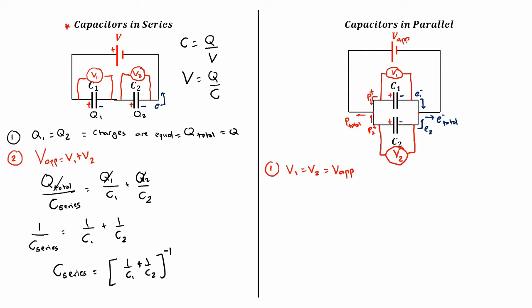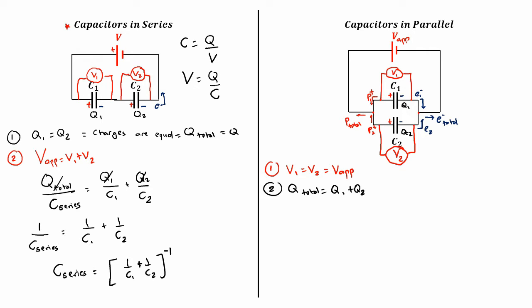Anyway, what this entails is that the charge on capacitor 1 and the charge on capacitor 2 add up and become the total charge transfer in the system. So the total charge equals charge 1 plus charge 2.